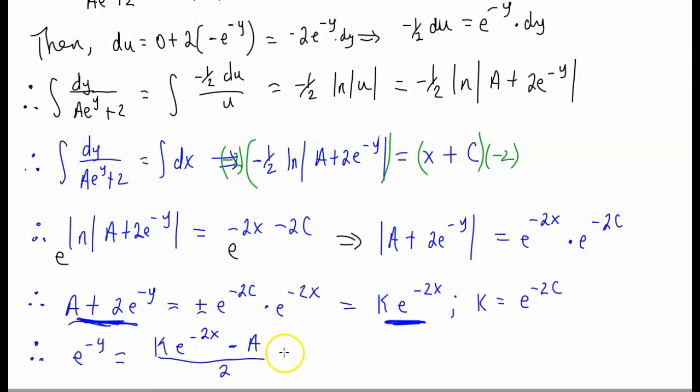And so from here, if I wanted to get y by itself out of the exponent, I know that I could take the natural log of both sides to do that. So here, I'm going to rewrite this way.